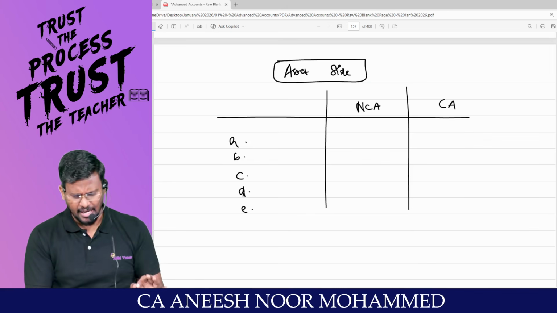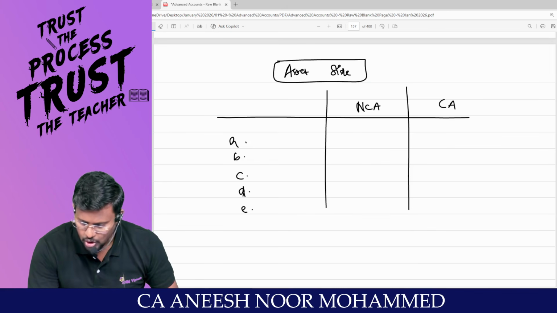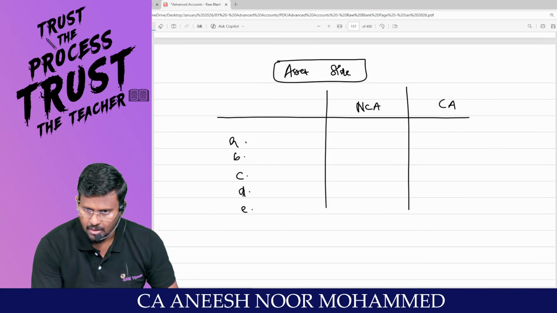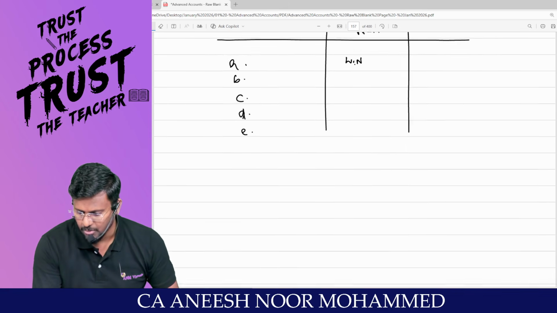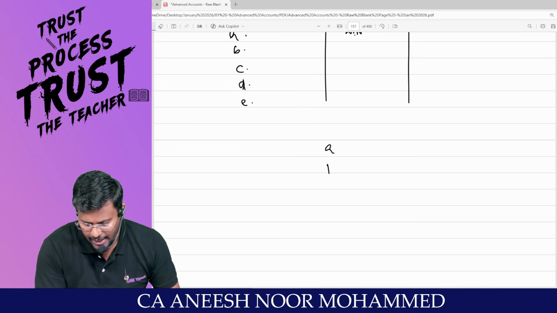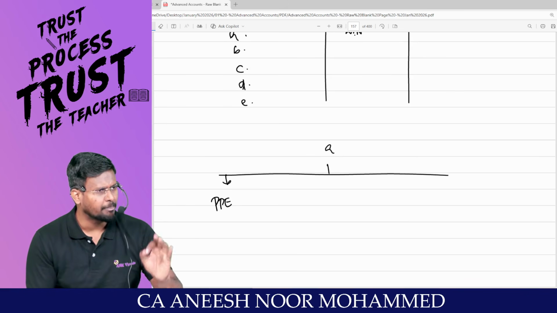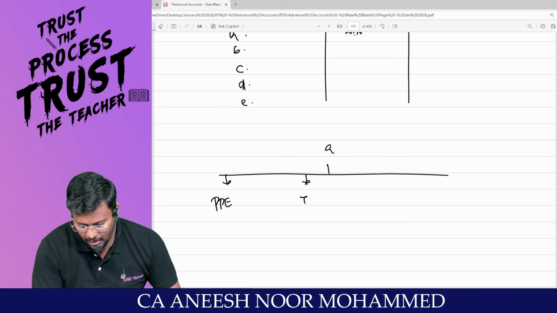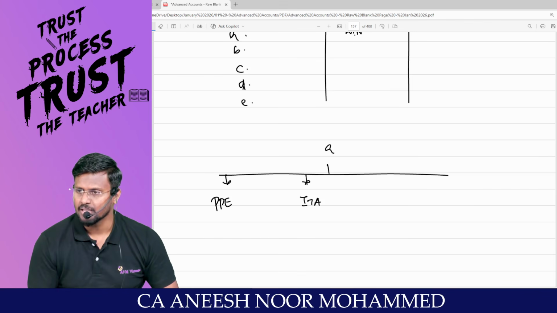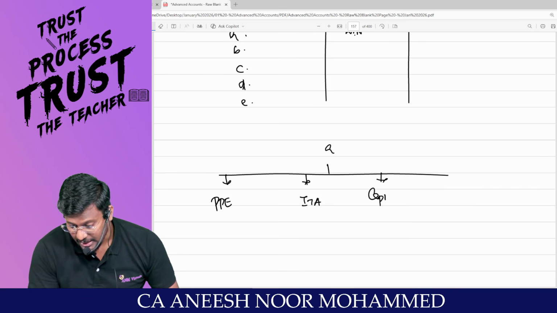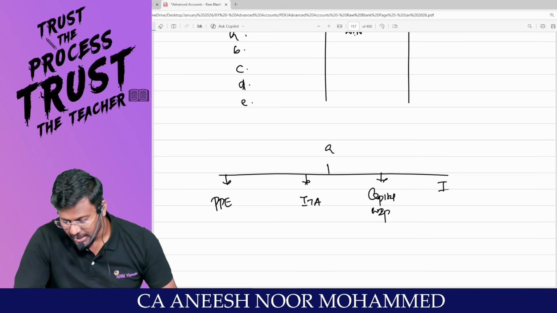What is A? A comprises 4 items, which I am just attaching below. PPE means property, plant and equipment. Then intangible asset. Then capital work in progress.